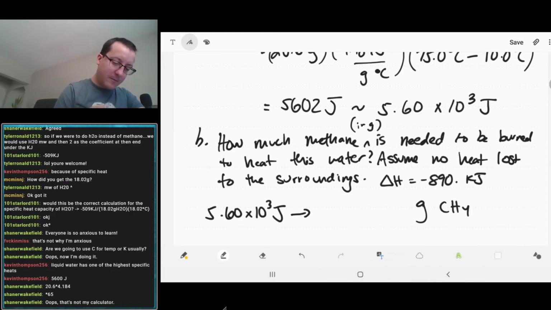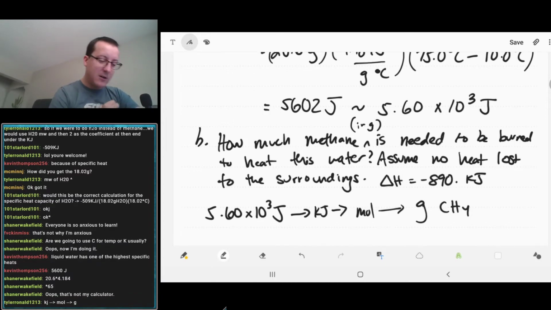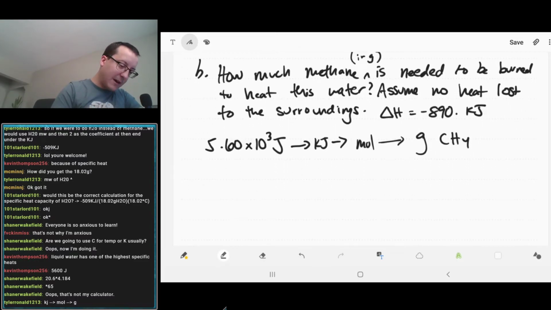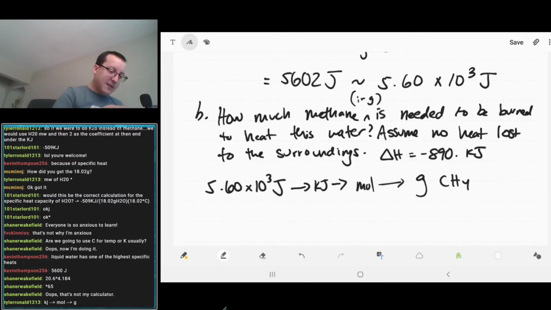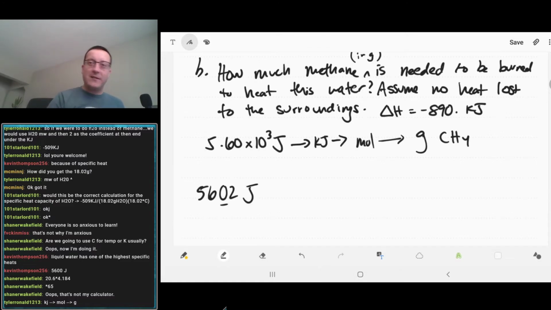And so, remembering always that we can never use grams as they are, we can go between joules or kilojoules and moles by using that delta H there. Exactly. Just like that, Tyler. Perfect. In fact, we should not technically have rounded our 5602 joules, but whatever. I'll keep our 3 sig figs there.